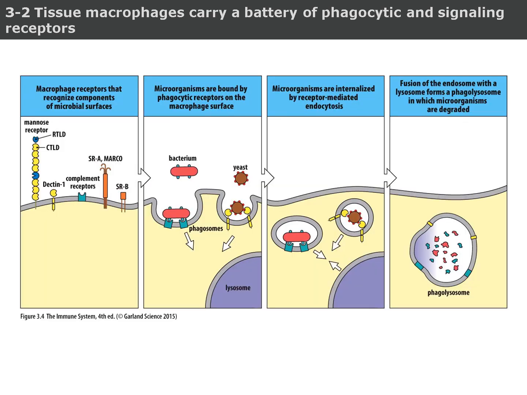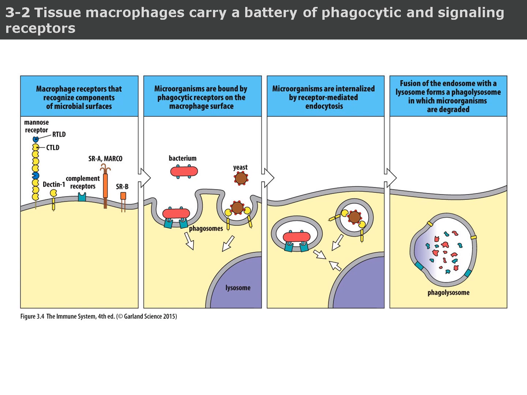This illustration shows how tissue macrophages use various surface receptors to recognize, bind, and eliminate harmful microorganisms. In the first panel, several specialized receptors line the macrophage membrane. These receptors detect unique structures found on the surfaces of microbes. The mannose receptor and dectin-1 are able to detect sugars found on bacterial and fungal cells.